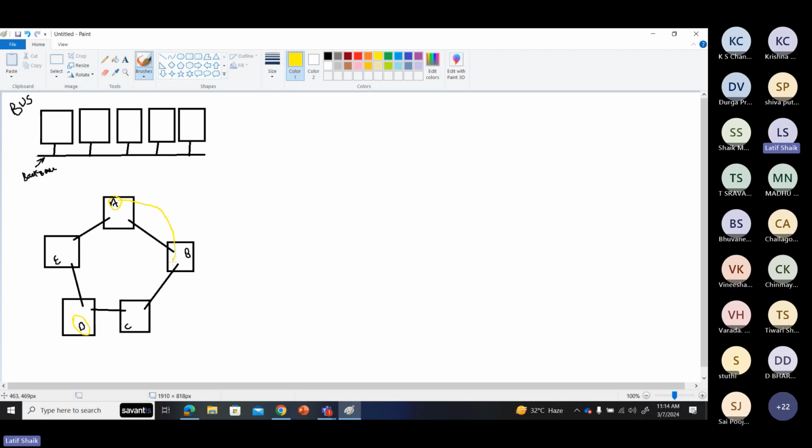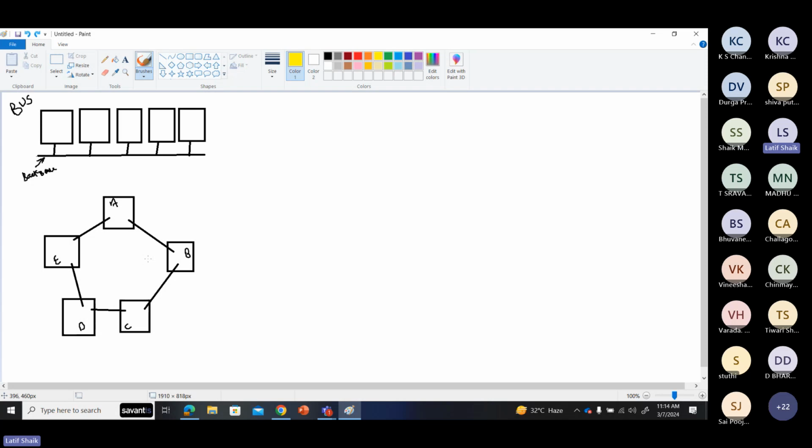First it will go to B, B to C, C to D. And if D wants to reply to A, D sends to E and E sends to A. So one way may be lengthier than the reply way. Sometimes that happens. So if it is one direction, it is a clockwise direction.